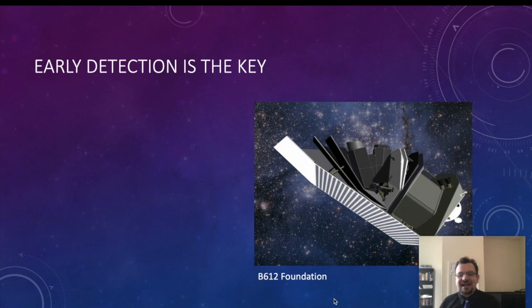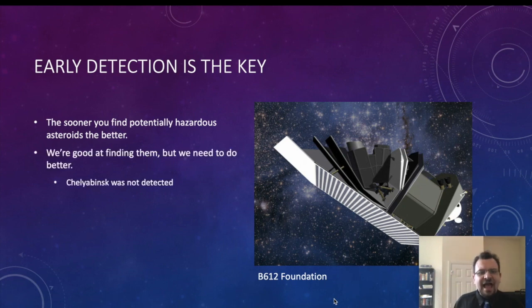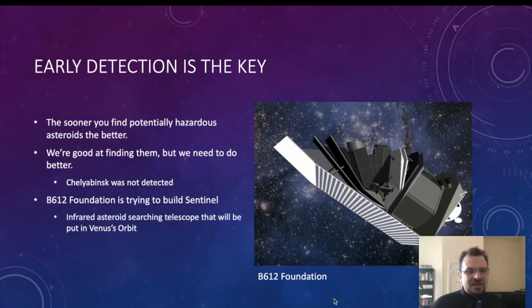So early detection is the key. The sooner we find these asteroids, the better off we are, because then we can develop a way to deflect them. And we're getting pretty good at finding them. But if you remember the beginning, Chelyabinsk wasn't detected before it hit. So the B612 Foundation is trying to build Sentinel. Problem is that they've sort of run out of money.